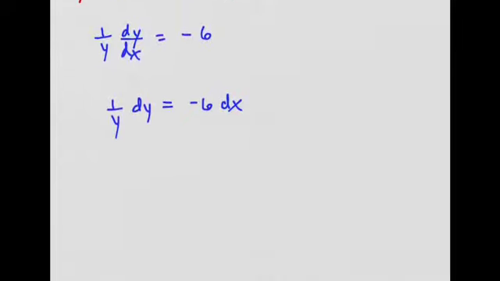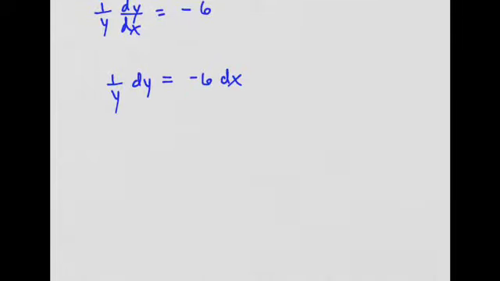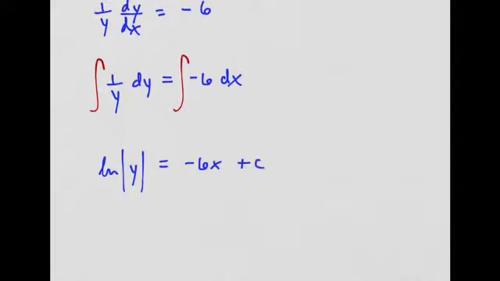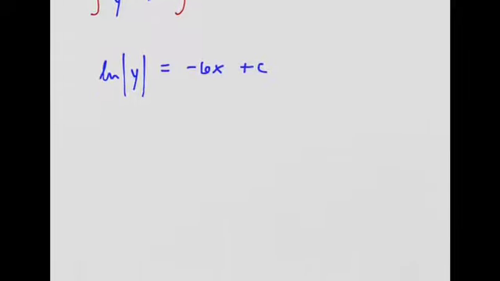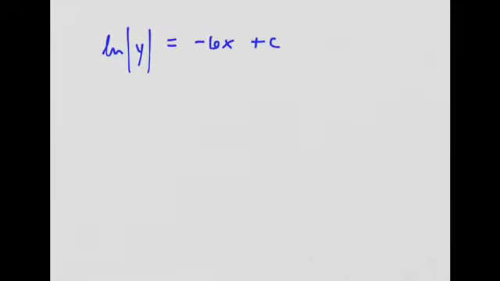Hopefully you know how to do this already. There's nothing new. You take the integral of both sides, and what do you get? You get the natural log of the absolute value of y equals negative 6x plus c, and then you exponentiate both sides.